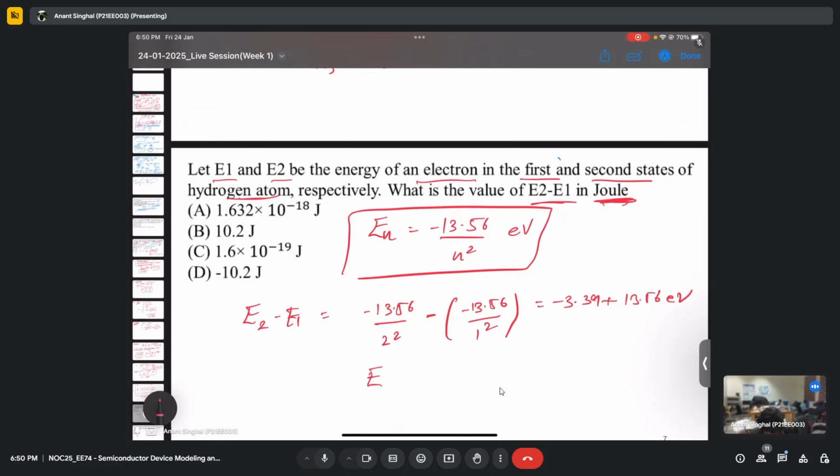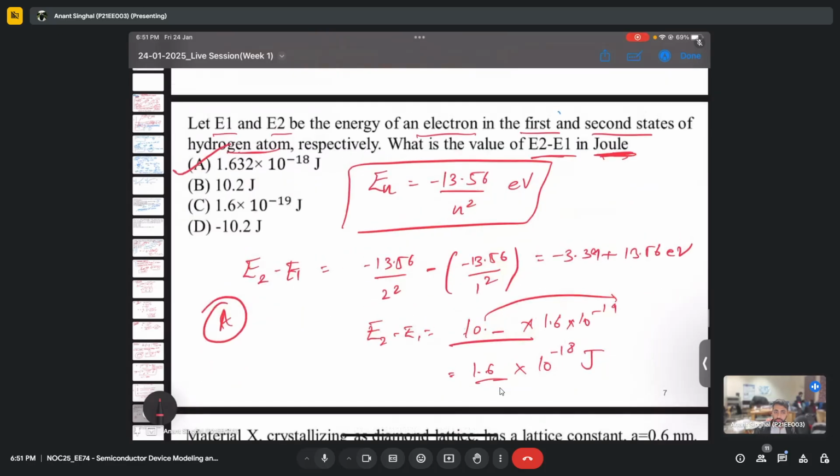If I find it, it will come out to be 10 point something, which should be multiplied by 1.6 times 10 raised to power minus 19. So it should be something like 1.6 times 10 raised to power minus 18 joules. Oh yeah, option A is the correct answer.